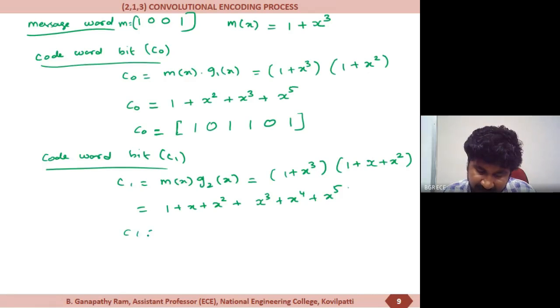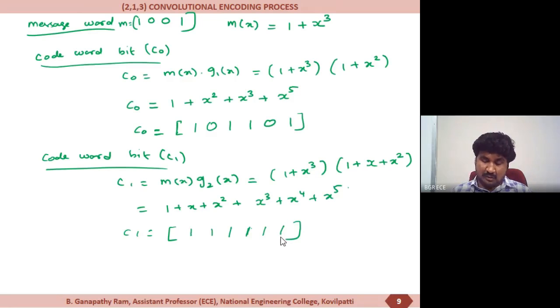So C1 will be serially output in such a way that 1 1 1 1 1.